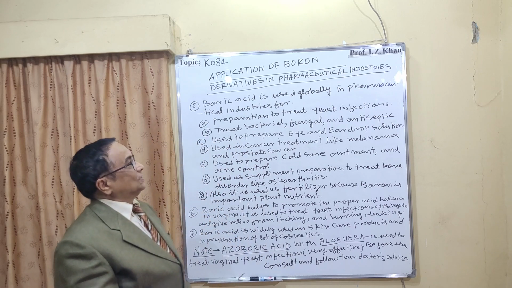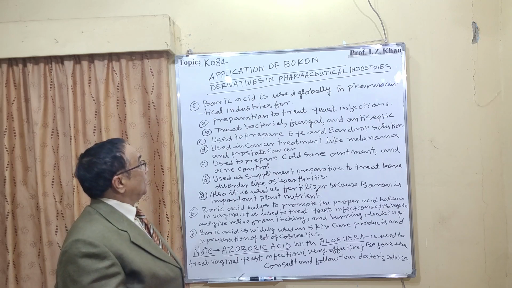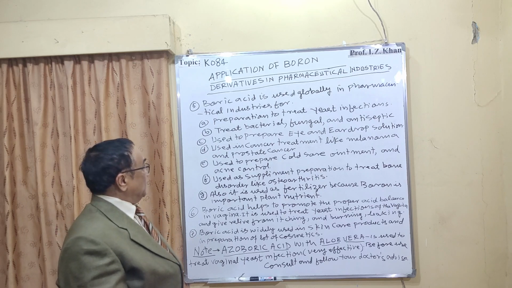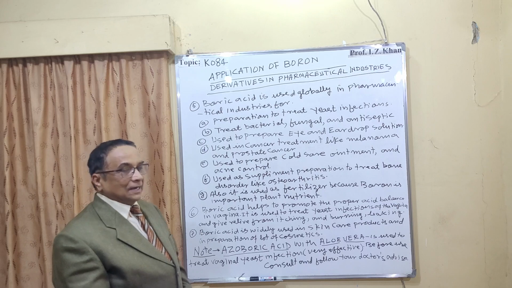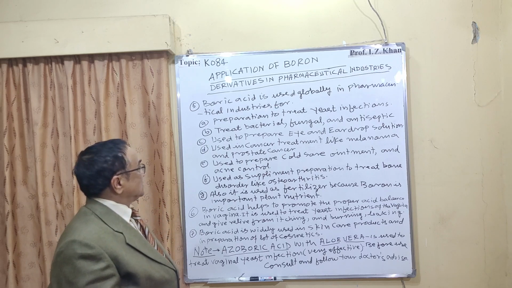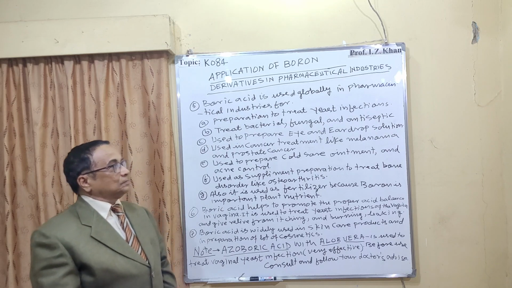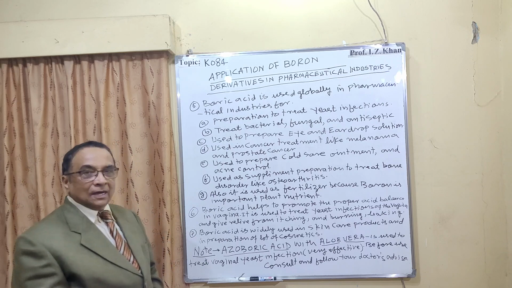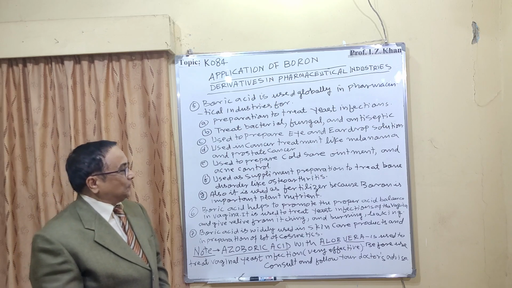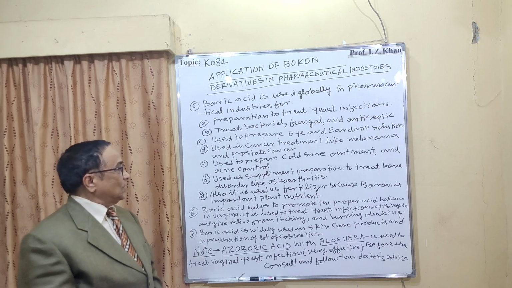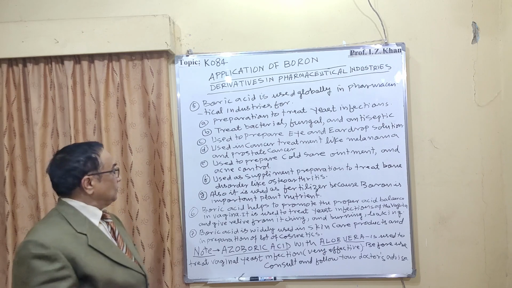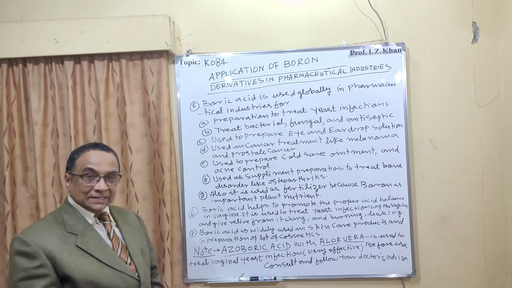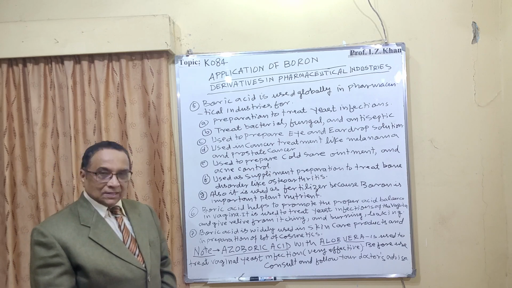And number five, boric acid is used globally in pharmaceutical industries for: A, preparation to treat yeast infections; B, to treat bacterial and fungal infections, and also as an antiseptic; C, used to prepare eye and ear drop solutions; D, it is used in cancer treatment like melanoma and prostate cancer; E, it is used to prepare cold sore ointment and also ointment to treat acne; F, it is used as a supplement preparation to treat bone disorders like osteoarthritis.